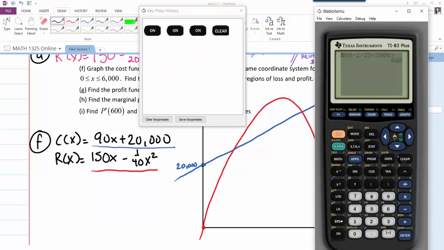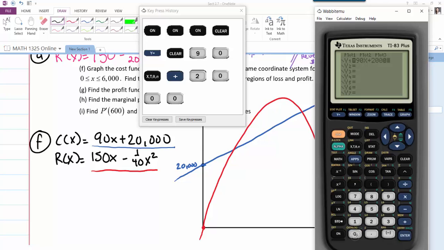So on our graphing calculator, I want us to hit y equals. And then in here, we're going to write the two functions, 90x plus 20,000, and for the other one, 150x minus 1/40th x squared. Then I'm going to change the window settings so that it's more appropriate for what we have.